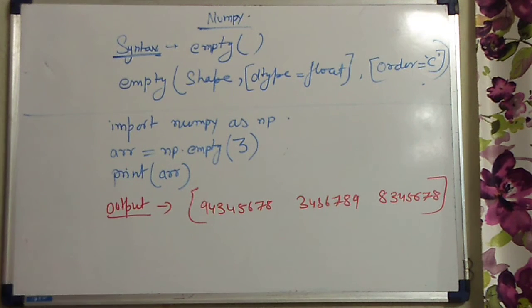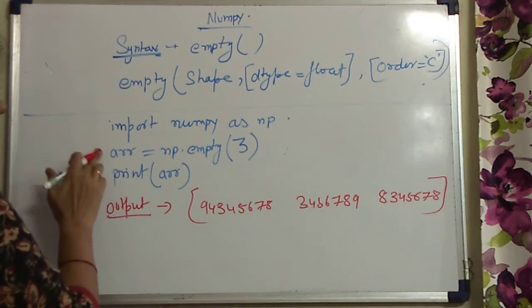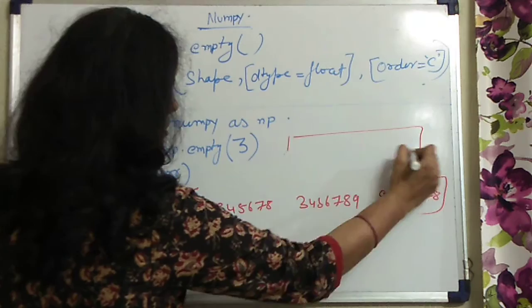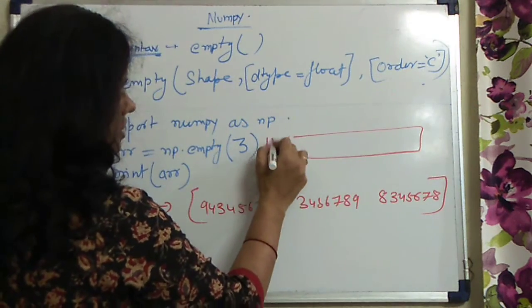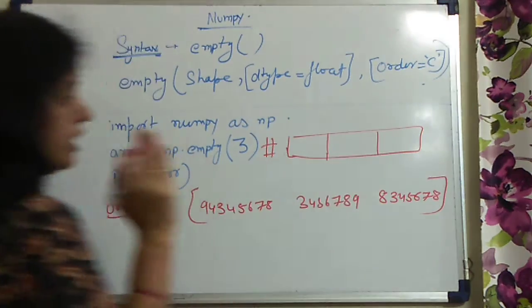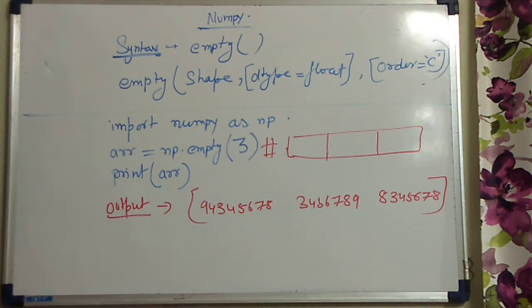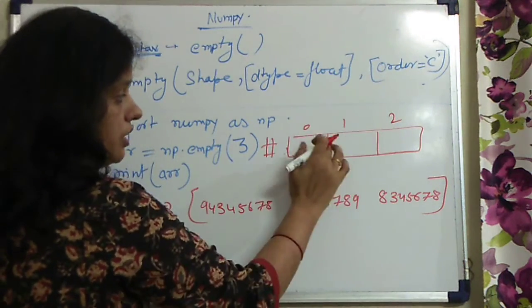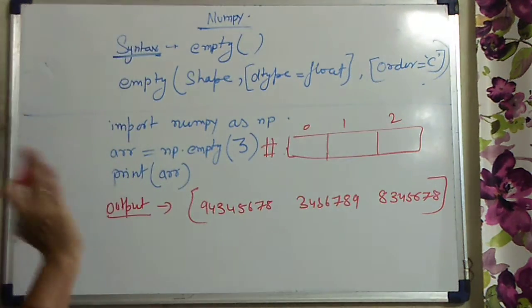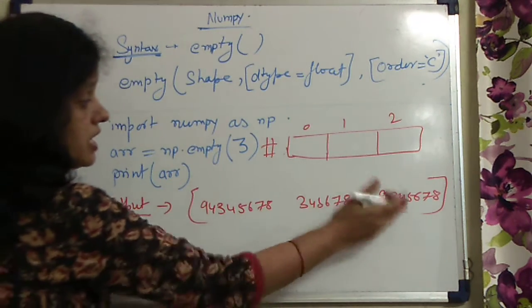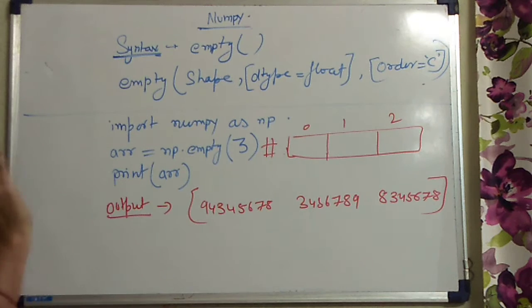Students, one thing I would like to tell you: whenever you create an array using the empty function, the array will be created in the memory to hold 3 elements, with the index 0, 1, 2. You may think that it should be empty, but how are these numbers displayed? What happened in the memory? No memory is empty.